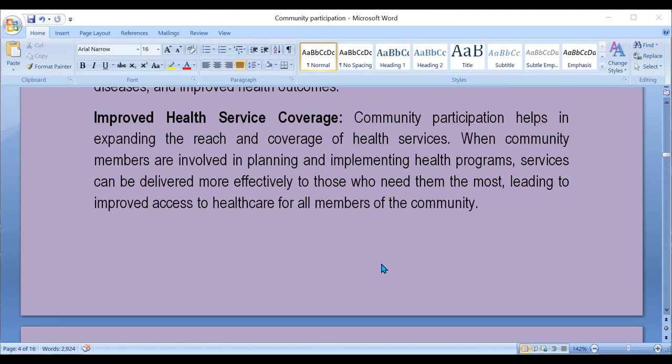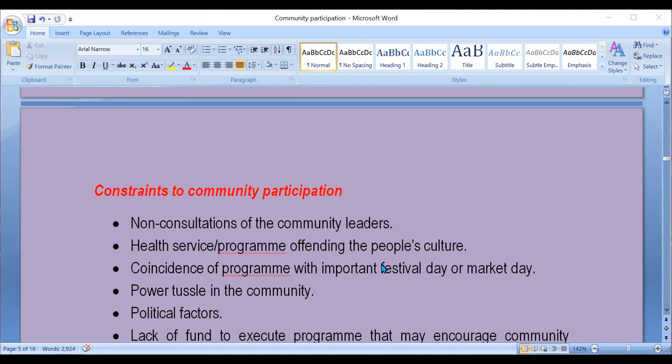The next is constraints to community participation. What are the challenges? What are the hindrances that you might likely encounter in community participation? One, non-consultation of the community leaders. If you don't consult with the community leaders, you are most likely to have issues with them because they will not listen to you.